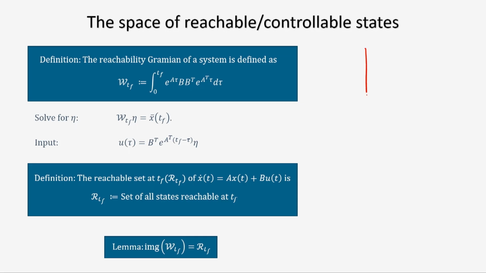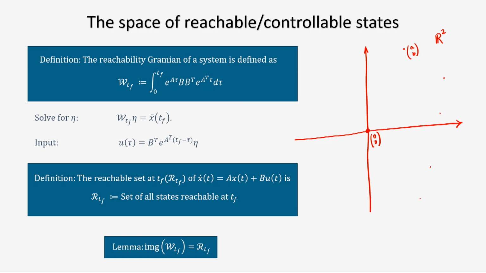Let me try to explain it to you with the help of a diagram in R2. Suppose you have x dot equal to Ax plus Bu, where you have only two state variables. So, the state vector is of size 2 cross 1. If the system is controllable, you will be able to go from this origin 0, so this is (0, 0), to any point in R2. Remember, what are these points?